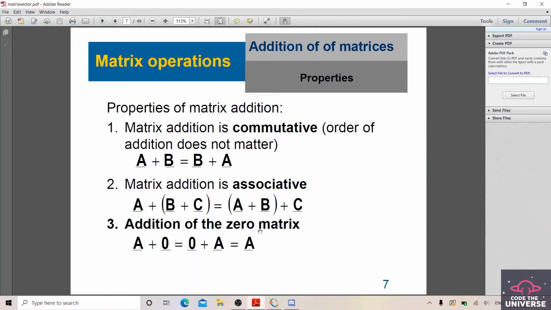Then there is the associative property, where A plus (B plus C) is equal to (A plus B) plus C. Then you come to the additive identity, or what we call the addition of the zero matrix property. This is just that when you add a zero matrix to a matrix A, you're going to get A again. I hope that's understandable.